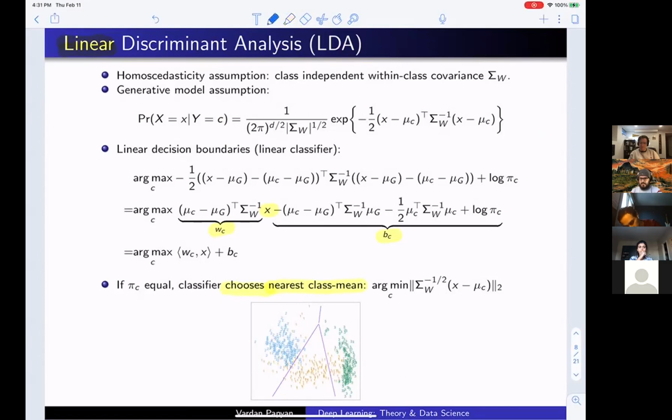It means that the prediction of the classifier is equivalent to taking x, subtracting the class mean, multiplying by sigma w to the minus half, and minimizing the L2 norm. So you're just looking for the closest class. And I'll have some illustration of this in a moment, okay?